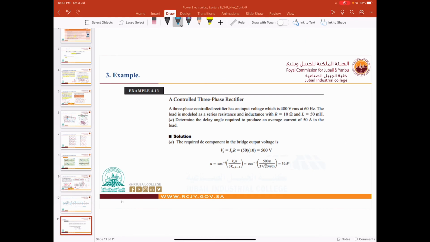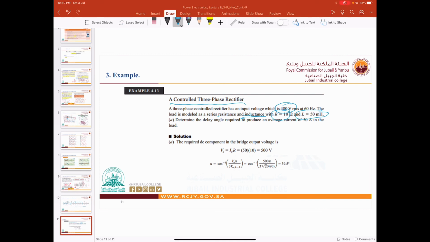Here we have example 4-13 from the textbook. It says controlled three-phase rectifier. A three-phase controlled rectifier has an input voltage of 480 volt RMS at 60 hertz. The load is modeled as a series resistor with inductor, with resistive load of 10 ohm, and the inductance is 50 millihenry.